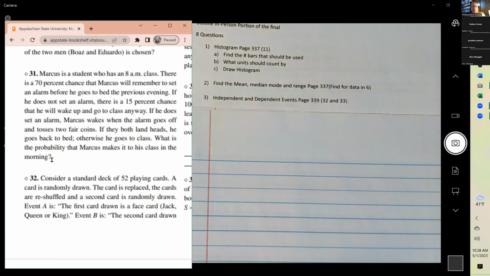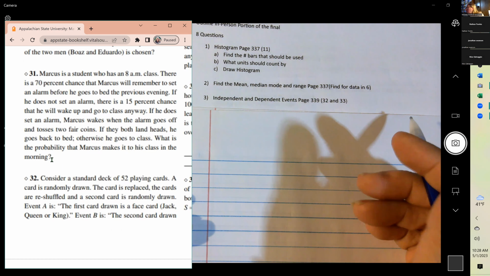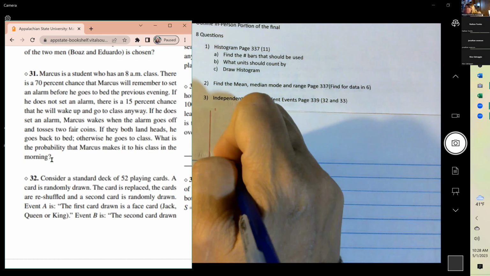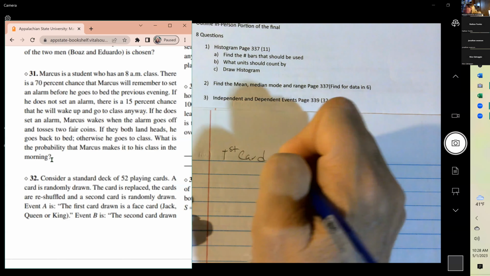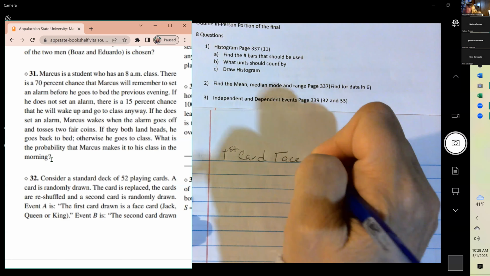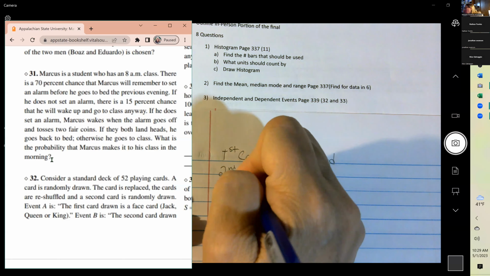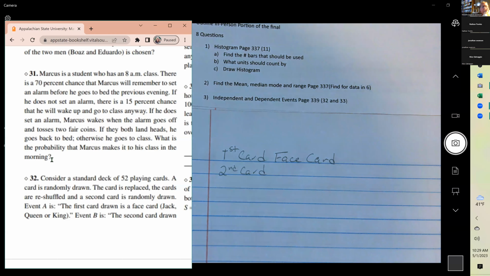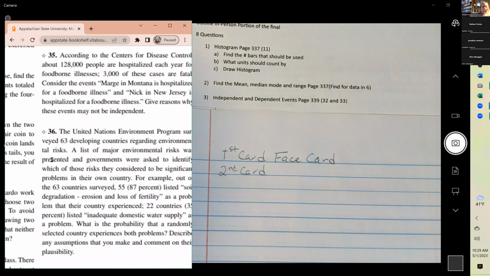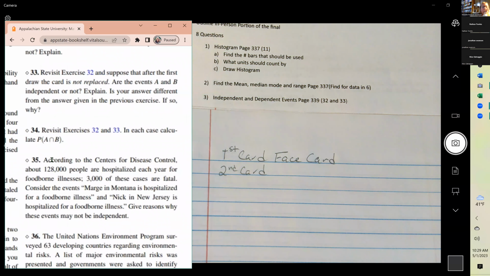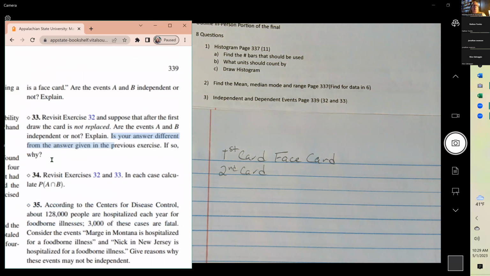Event A, first card is a face card. Event B, second is a face card.